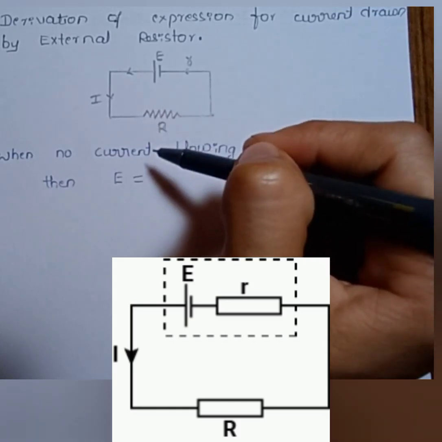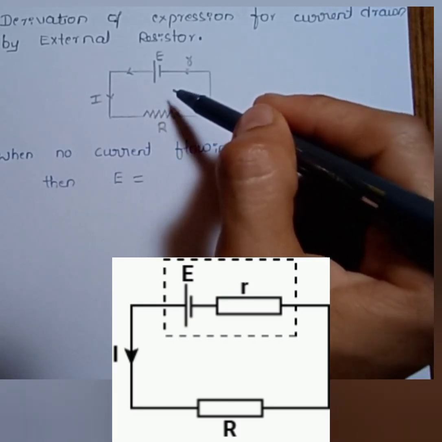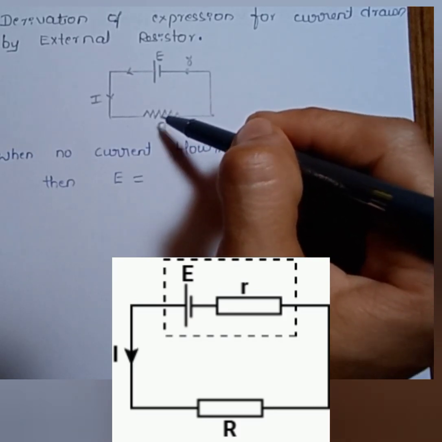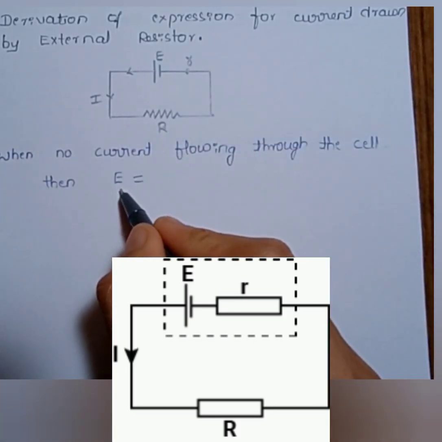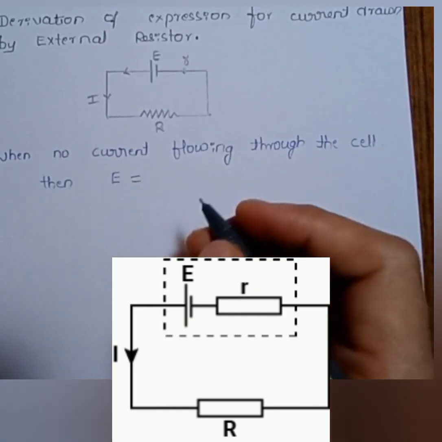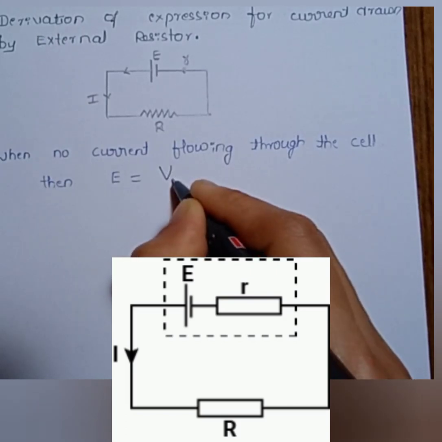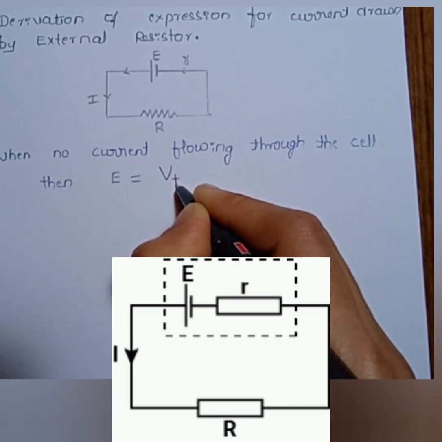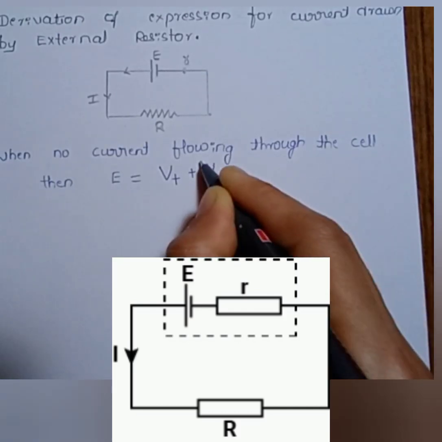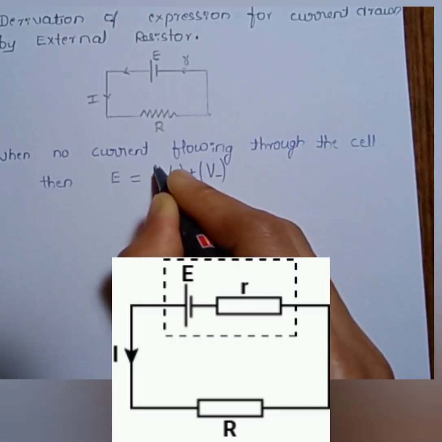First of all, when there is no current flowing through the circuit, the potential difference itself gives the electromotive force. Then the EMF E can be written as the potential difference across the positive electrode plus the potential difference across the negative electrode.